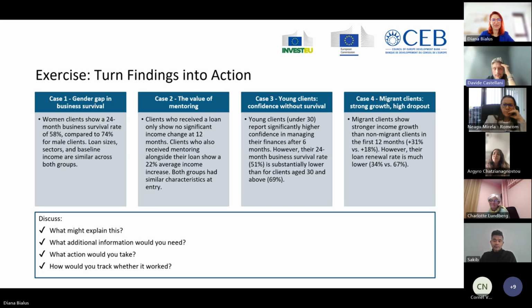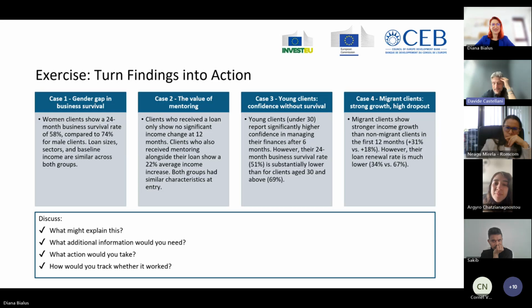So in case 1 we have Oana, Cornel, Sakib, and Elena. In group 2 we have Mircea, Charlotte, and Argiro. And in group 3 we have Catalina, Znesana, Andrea. And in group 4 we have Janice, Eva, Neagu, and Agne. Sounds good to everyone? Sounds good. Perfect.